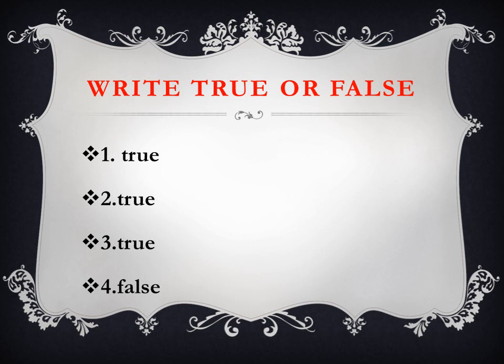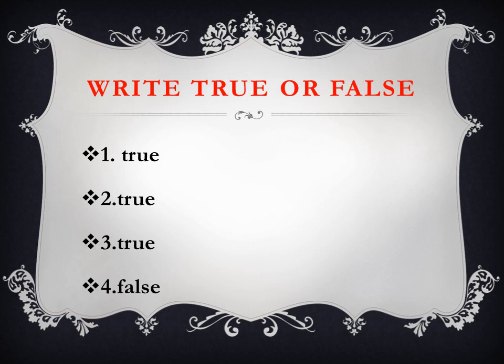Third one, according to Articles 10 to 20, all will enjoy the same rights without any discrimination on any ground. Answer is true. Fourth one, not all the people are equal before law. All the people are equal before law. Here 'not' is given, so the answer is false. If your answers are wrong, you have to correct them now. If your answers are correct, very good, I appreciate you, okay?